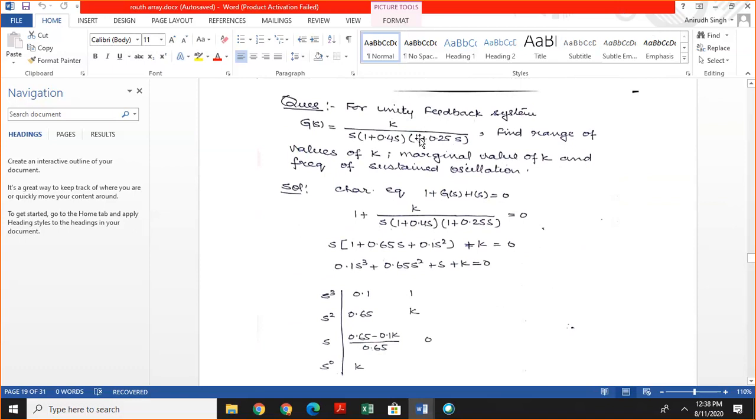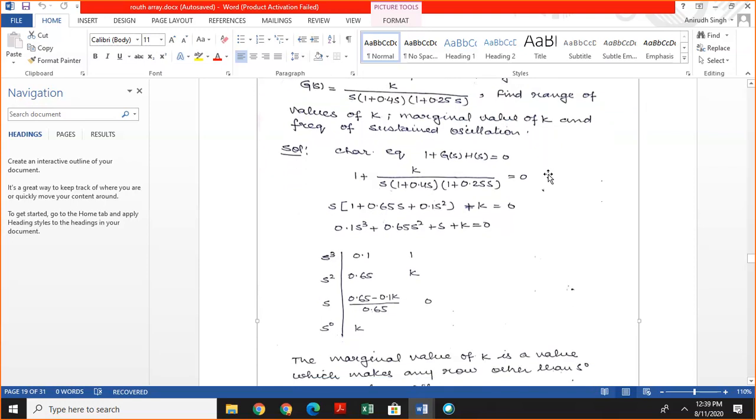G(s)H(s) is given and you have to calculate the marginal value of K and the frequency of sustained oscillation. For the marginal value of K, it means that roots are on the imaginary axis.